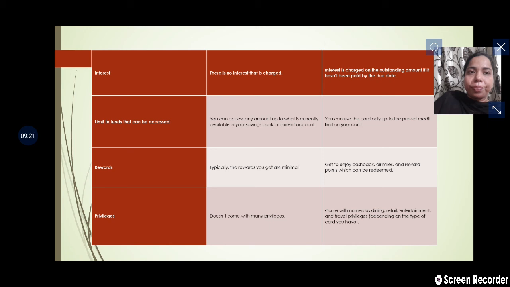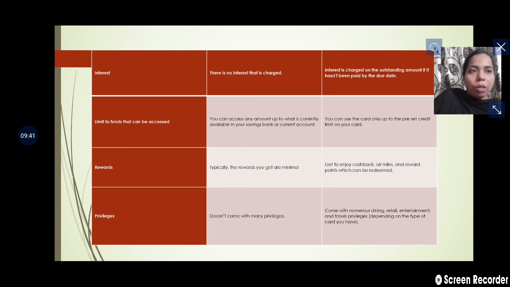But in case of the credit card, the individual has a preset limit, and up to that preset limit the individual can withdraw the fund or use the funds.